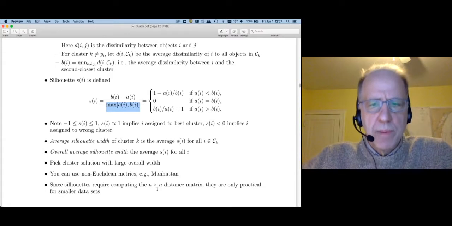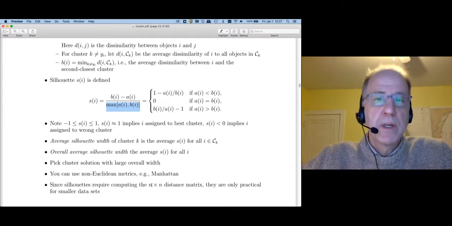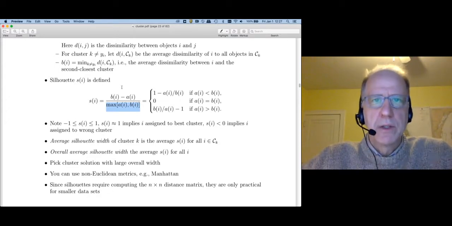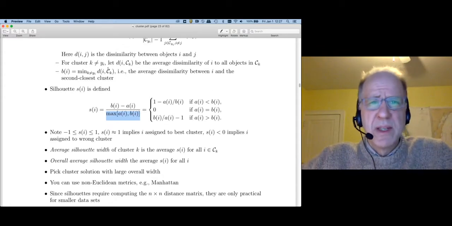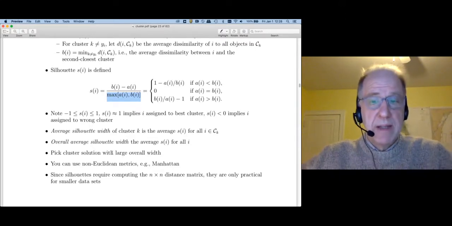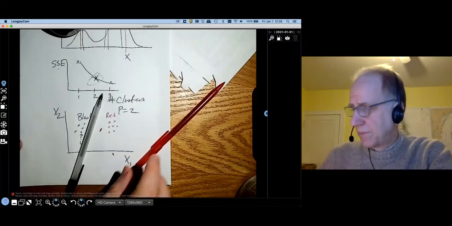The other thing to note about this is that I have to compute the distance between some observation and the other observations. So in order to compute the statistic, I need to go find the distances between every observation and every other observation. So if I have n objects, what that means is I'm going to end up with an n by n distance matrix.